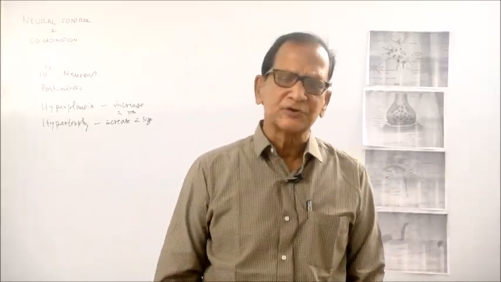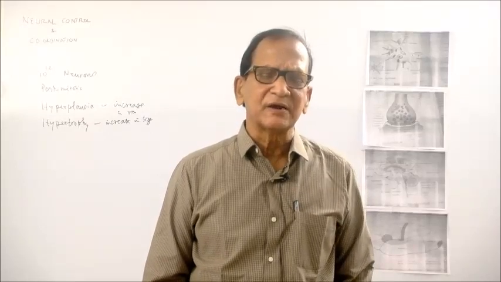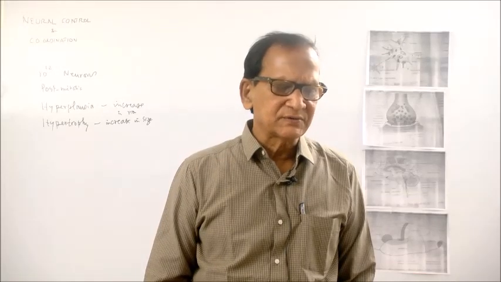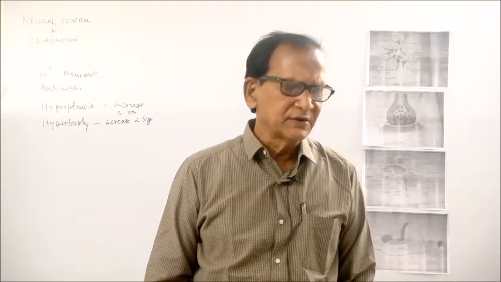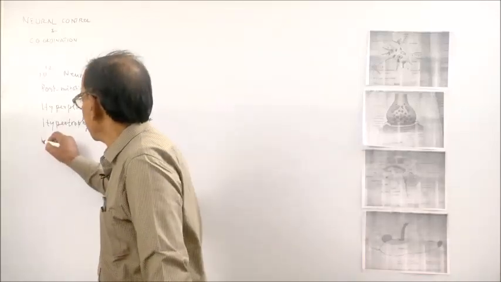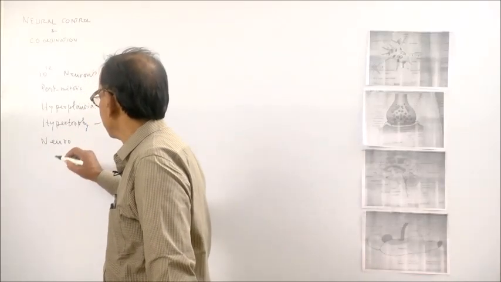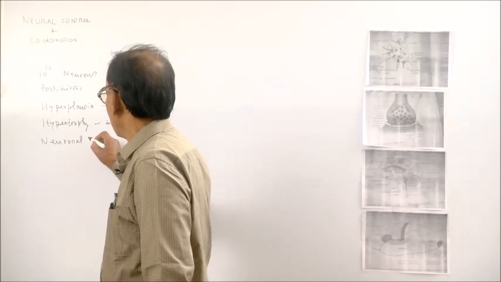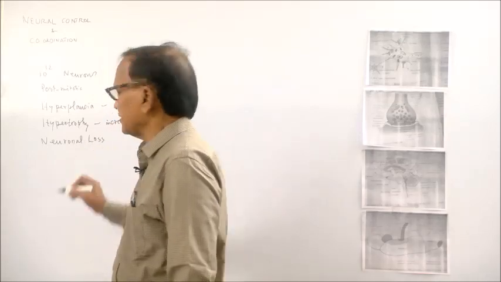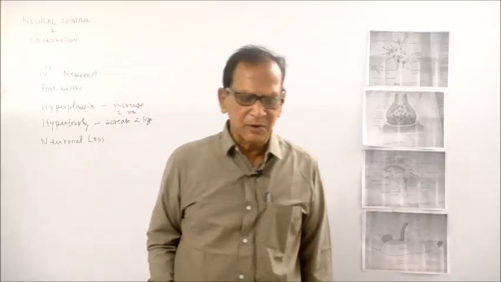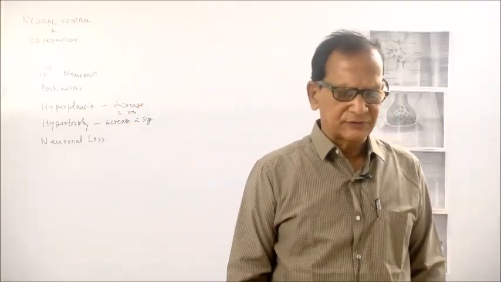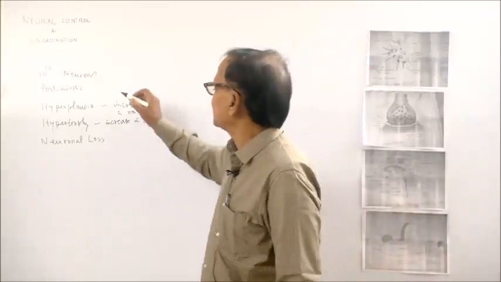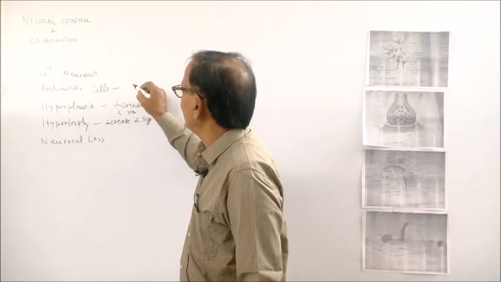Another interesting feature of these neurons is that not only does their number not increase after birth, their number in fact decreases. That means there is neuronal loss. There is no increase in number, there is decrease in number, which is called neuronal loss that occurs with age. With age, the number of neurons decreases. And to this category of post-mitotic cells also belong the muscles.